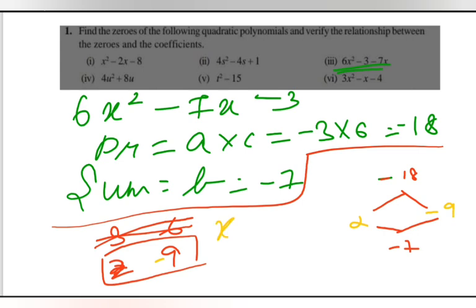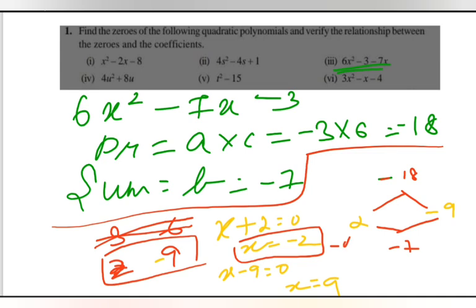So x plus 2 is equal to 0, so x is equal to minus 2, that will be your alpha, and x minus 9 equal to 0, and x is equal to 9. So this is your alpha and this is your beta.